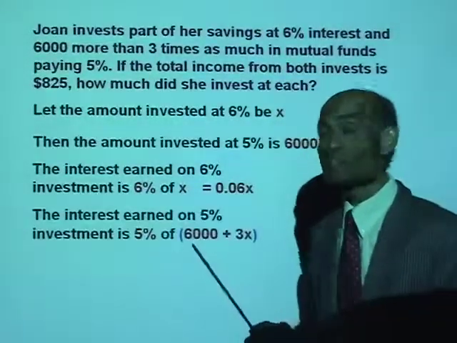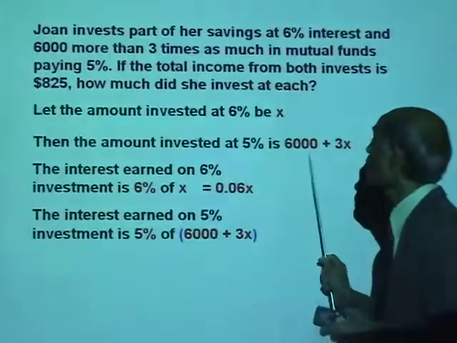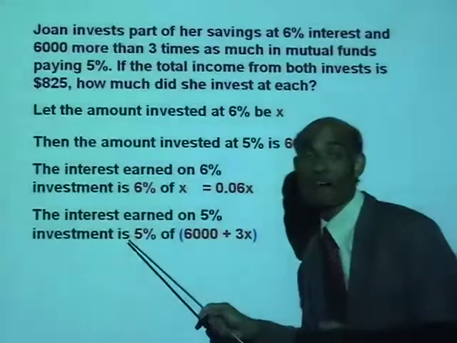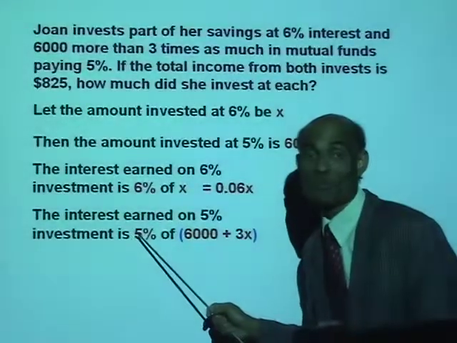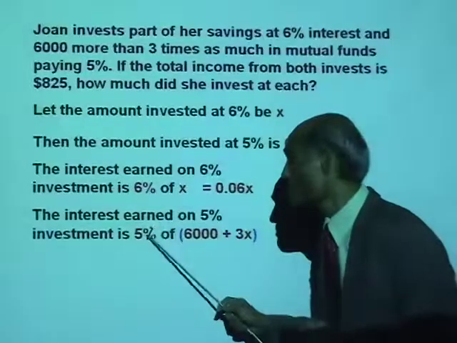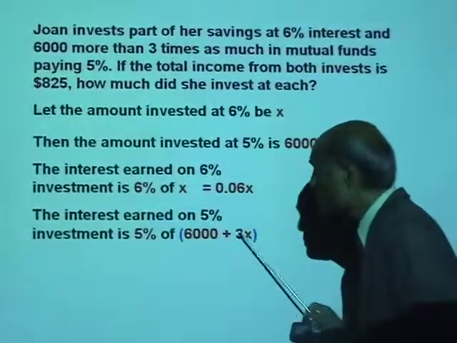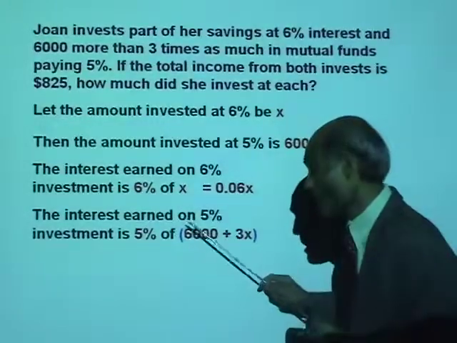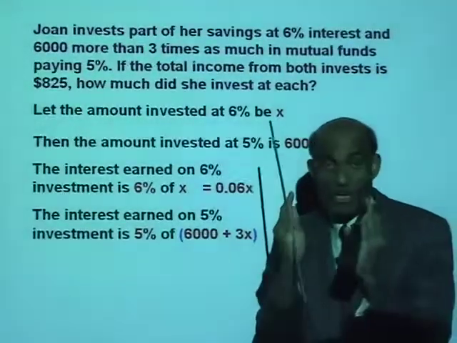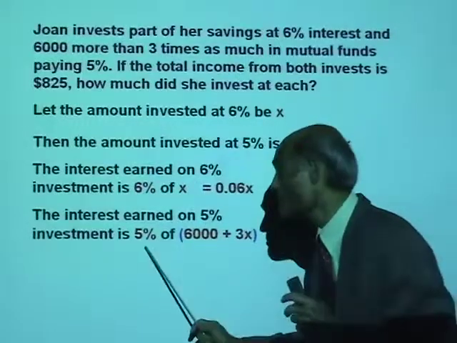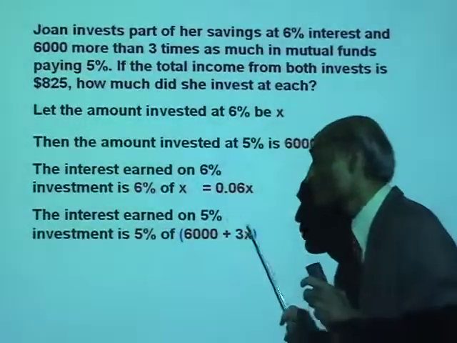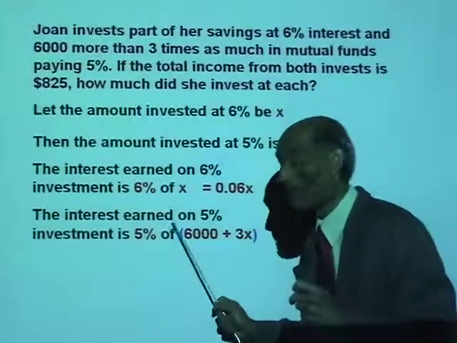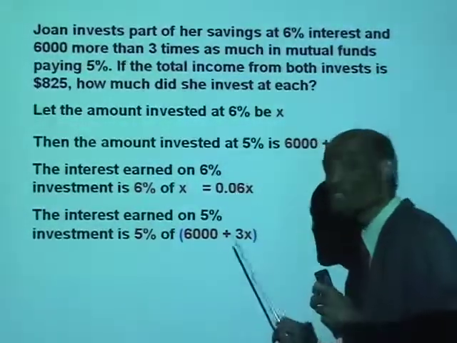Okay, tell me, what is the interest that she will get on this amount, 6,000 plus 3X, at 5% interest? And watch how this is written. 5% of this total amount, 6,000 plus 3X. Now, treat this as a quantity. How would you write that? 5% of this quantity will be 0.05 multiplied by the quantity.